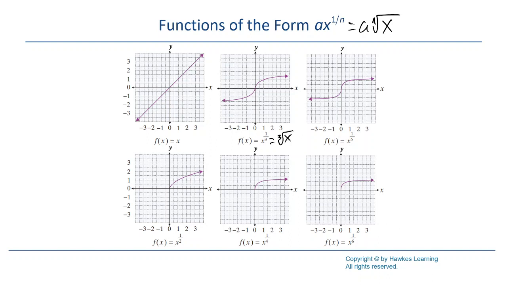I'm kind of ignoring the first one because 1 over 1 is just 1, which we've already talked about. So x to the 1 over 1 and x to the 1, that's kind of like the only function that lives in both x to the n and x to the 1 over n. It's the only function that's special enough to live in both of those worlds. So just kind of an interesting thing.